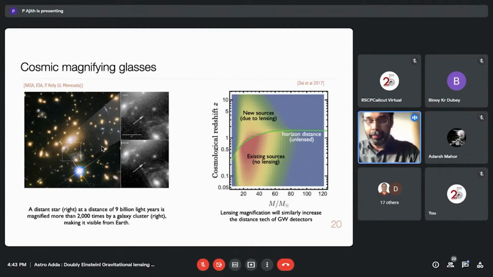Of course, the probability of getting these extreme magnifications is very rare. But one could get magnifications of the order of a few and 10, which would increase the distance reach of gravitational wave detectors. And there's an example of a study that shows how the distance reach is improved.